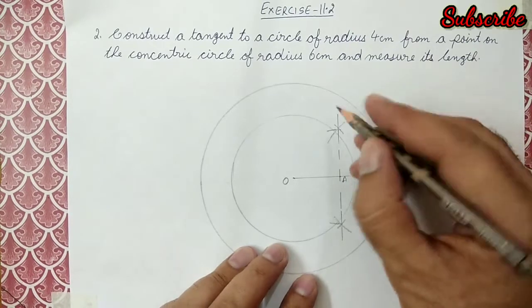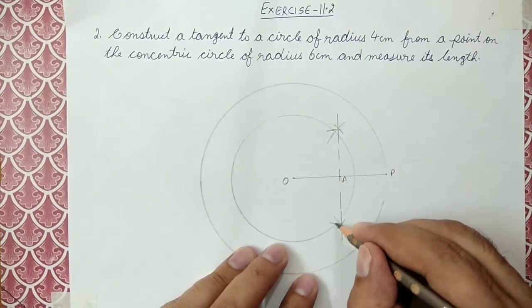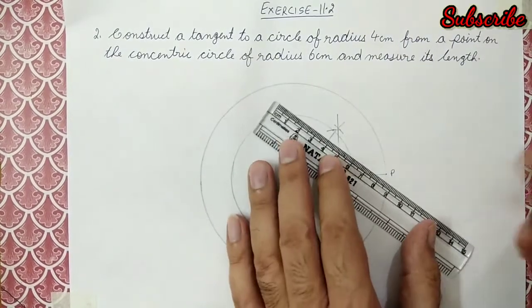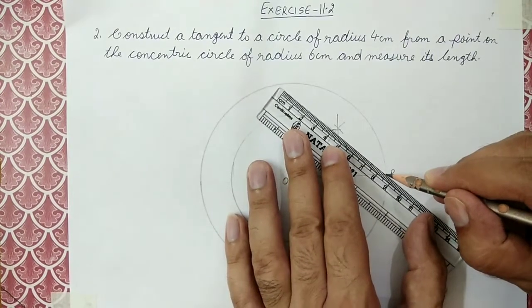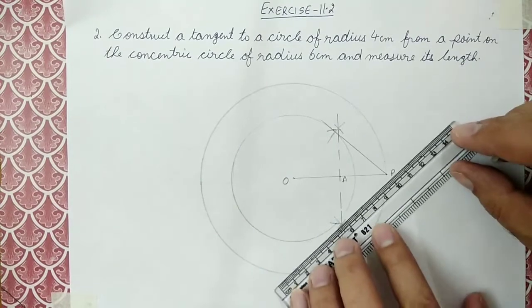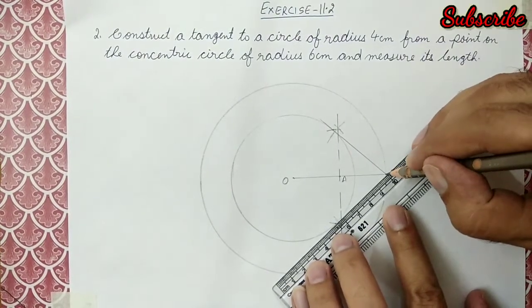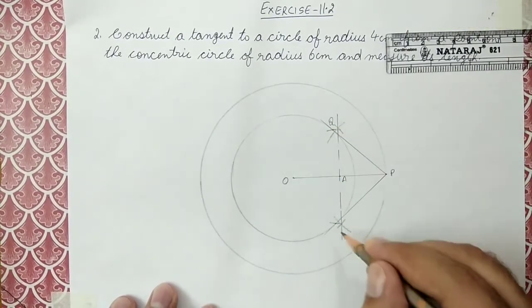So one point is here, this, and the other is here. So join them with the point P. If we join them with point P, and then you name the points also. So you can write it here Q and R.